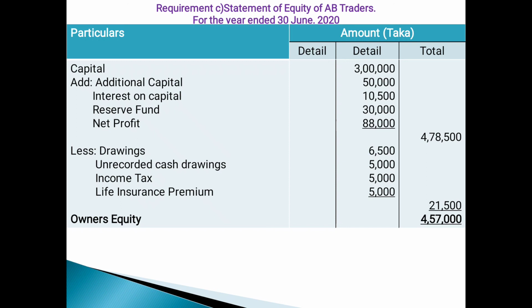At this moment total less items are 21,500. So we can find out the owner's equity very easily. 4,78,500 minus 21,500 is equal to Taka 4,57,000 for owner's equity of AB Traders.